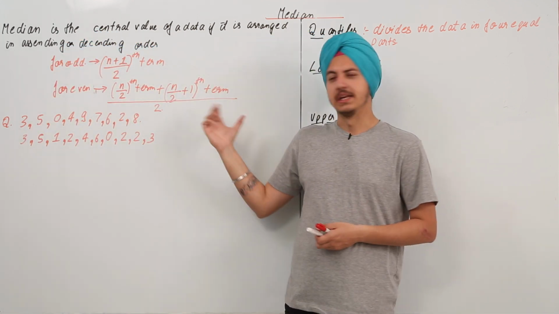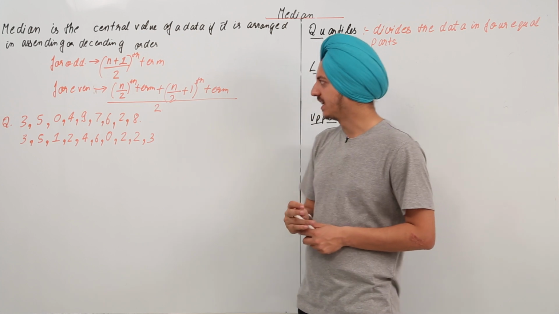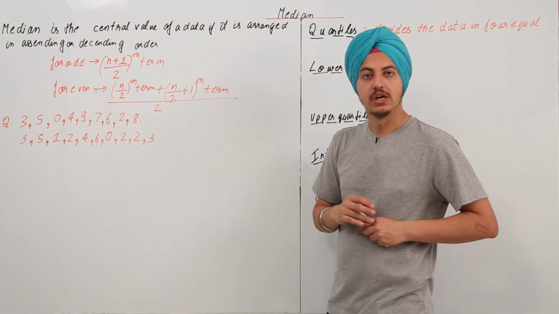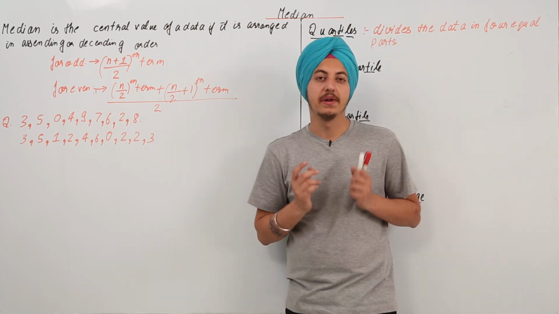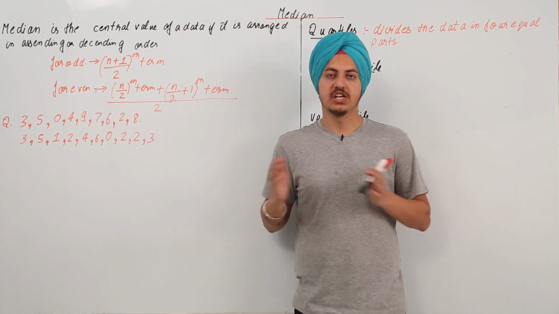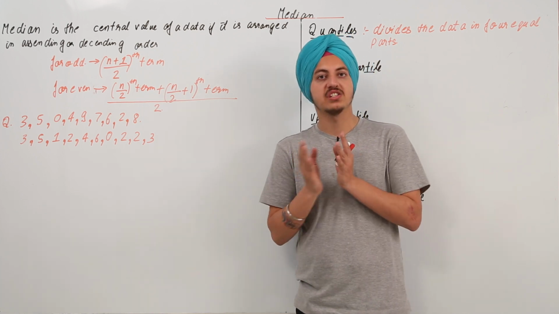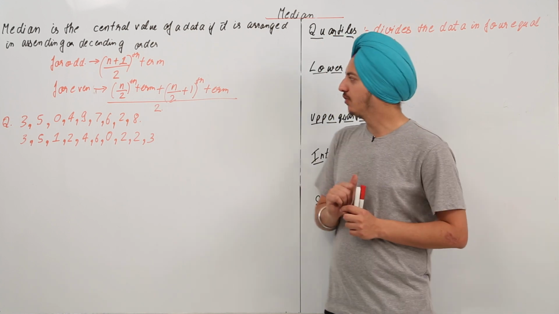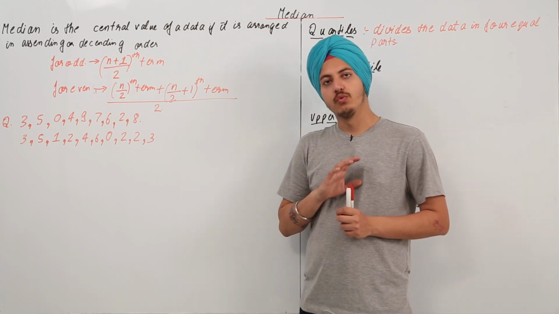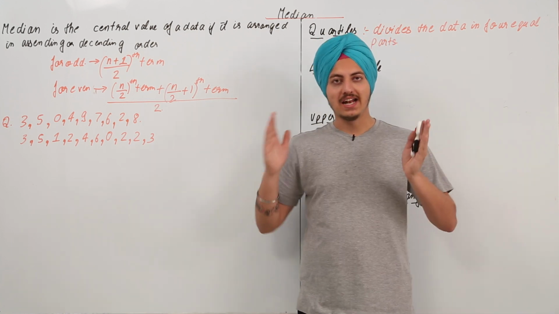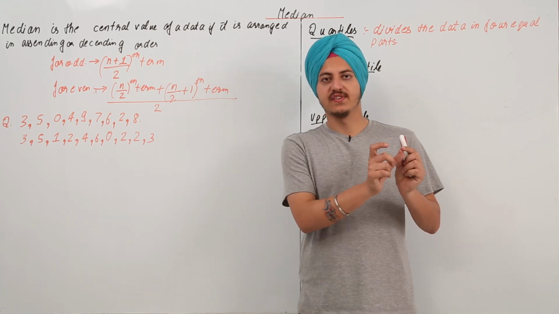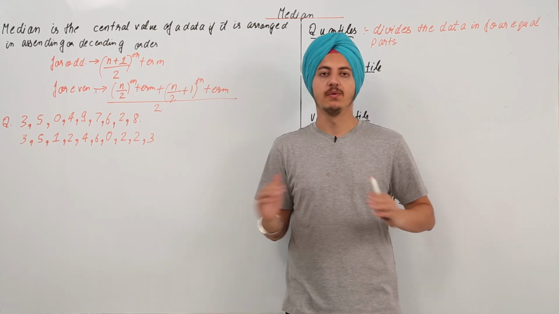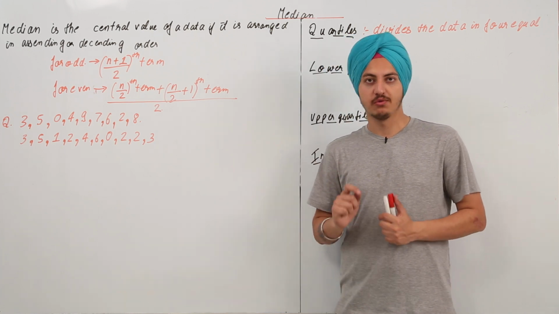What does this mean? If the data is even, how do we find the middle term? If there are 10 terms, then there is no single middle term, right? There is a fifth and the sixth term that lie in the middle. So we calculate the fifth term and the sixth term, and we divide them by 2, or we take the average of both of them.